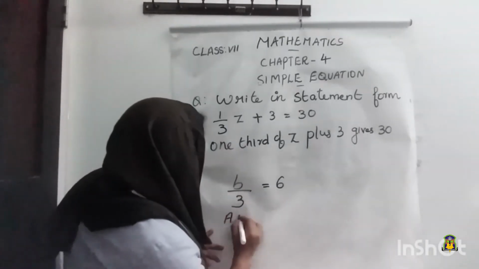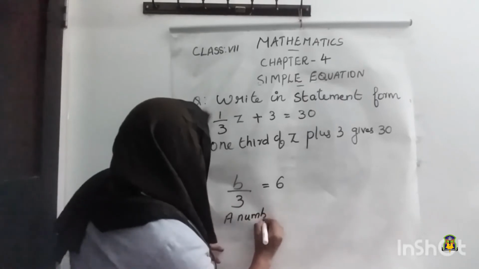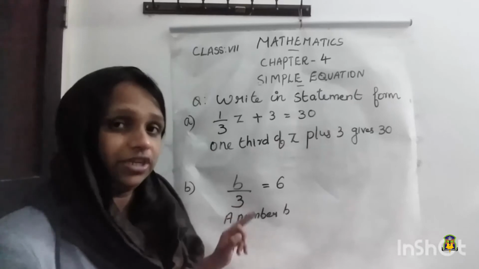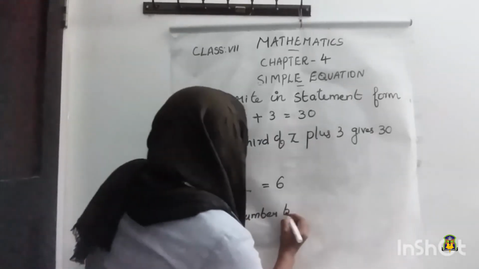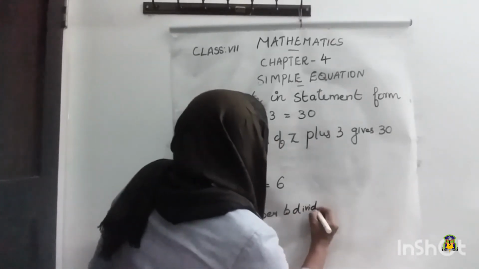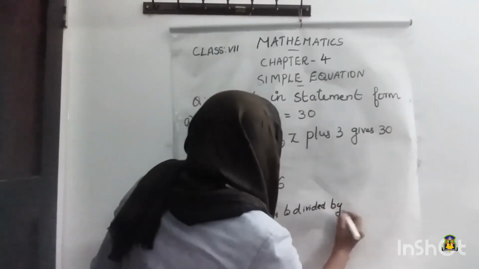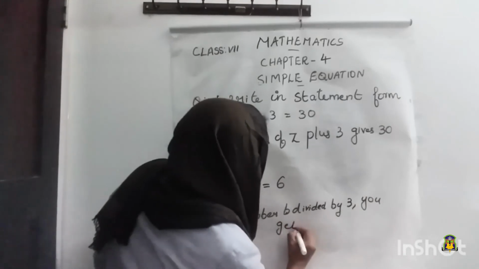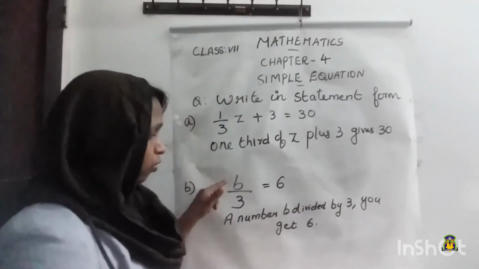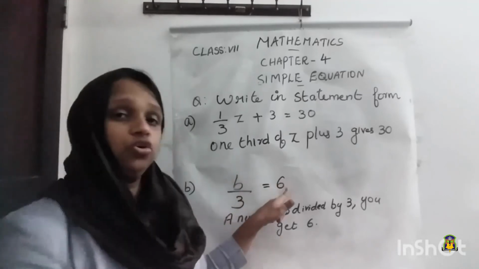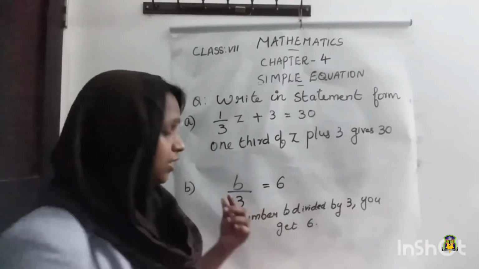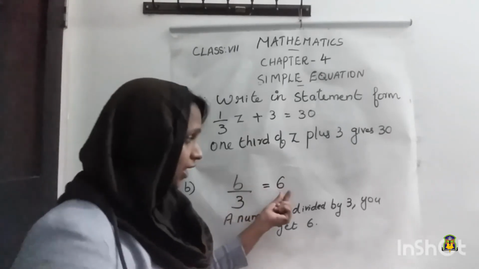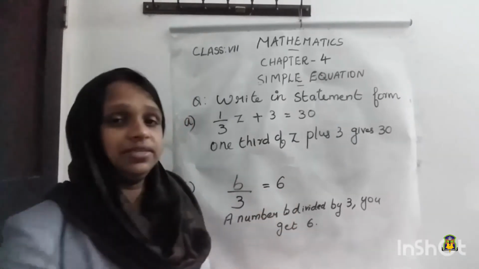A number b divided by 3 you get 6. Or 1/3 of b you get 6. Anyway you can write. Otherwise, a number b divided by 3 you get 6.